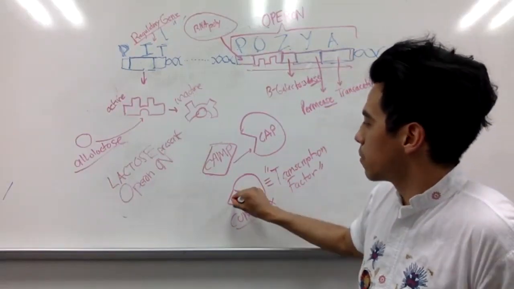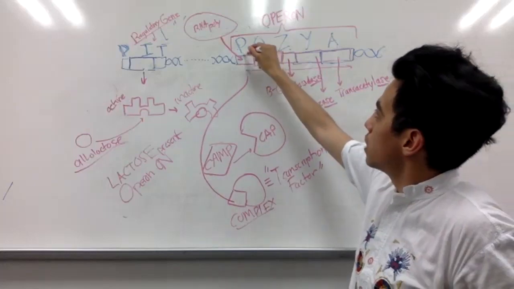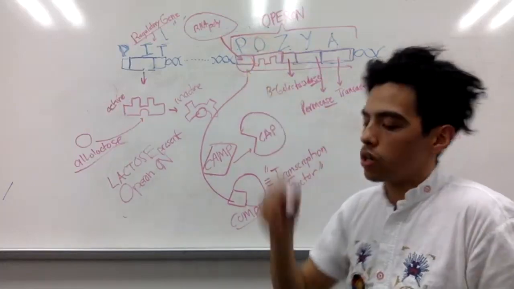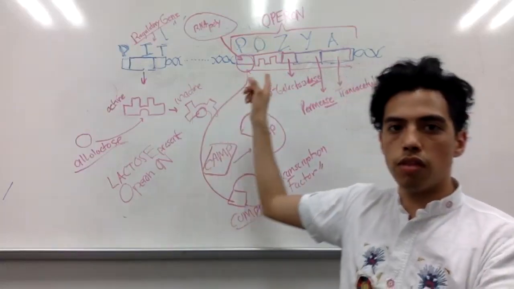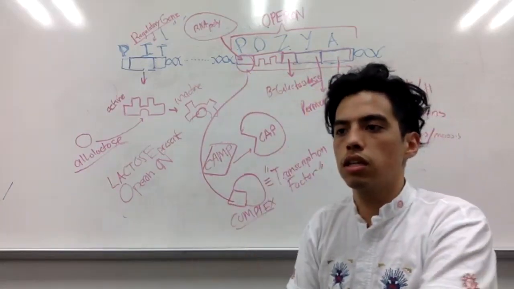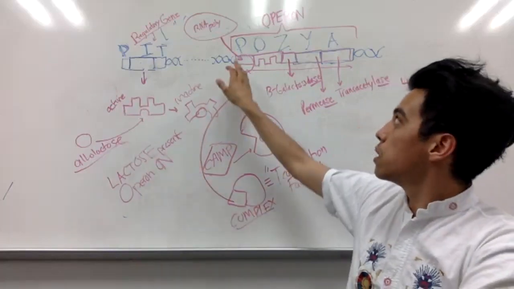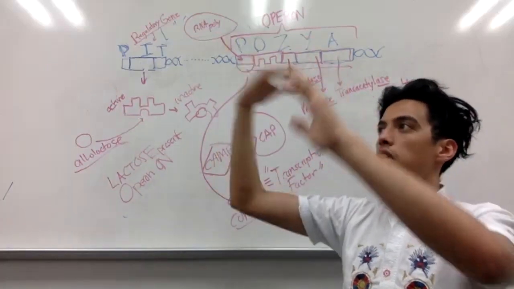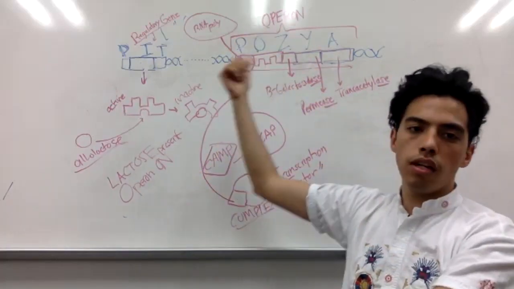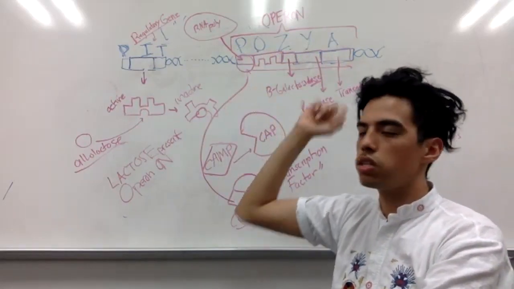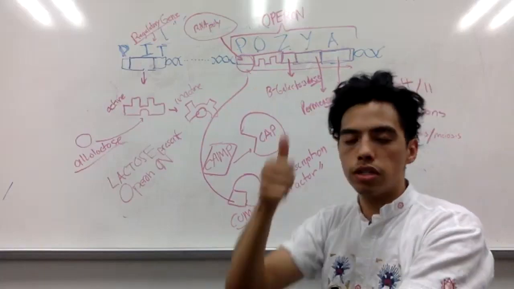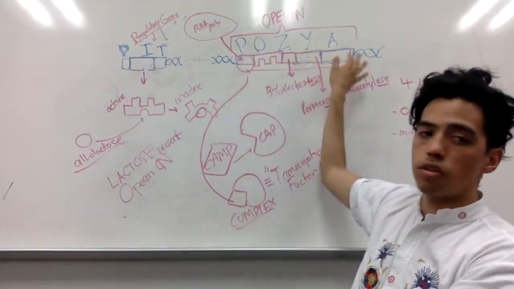This complex will bind to the promoter and increase the transcription of these genes. You can think of it as going to the promoter and signaling to the RNA polymerase, hey, come down and help us create these genes, which increases the chance that these genes are going to be transcribed.